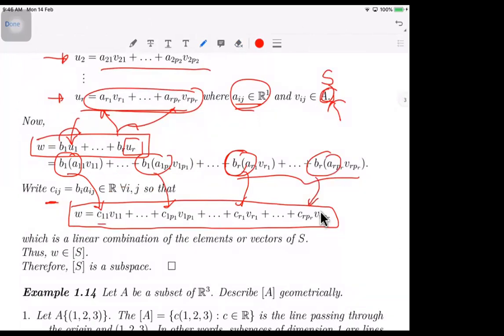Now, the c's are also scalars. So W is a linear combination of the original v's with some scalars, that is, a linear combination of the vectors in S. So W is in the span of S. So that S here is a subspace.